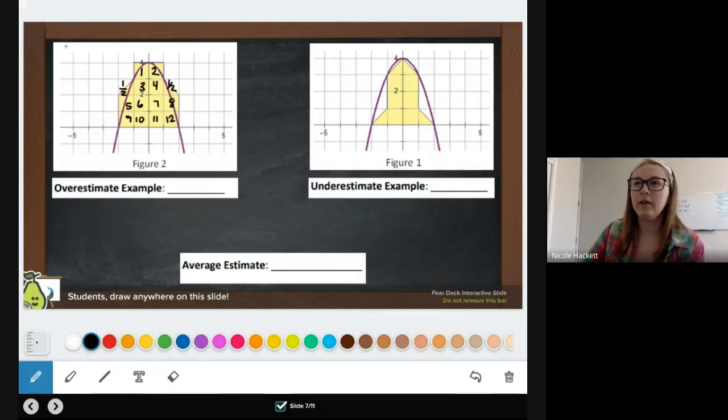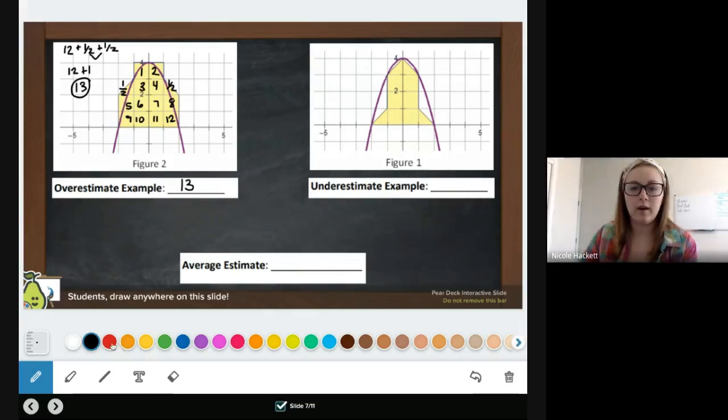So right here, I've got 12 plus, I have 2 halves. So a half plus a half is equal to 1. So we're adding 12 plus 1, and we get 13. So our overestimate is 13.